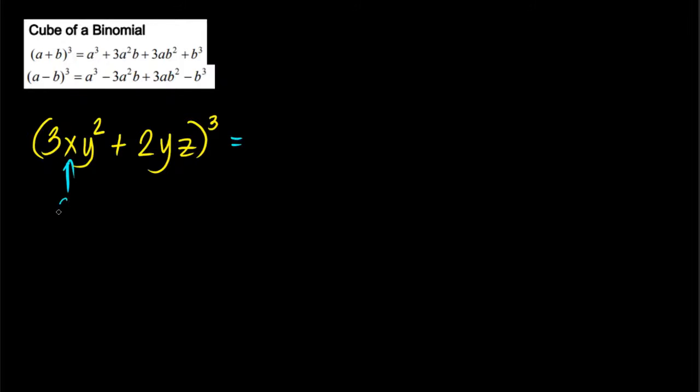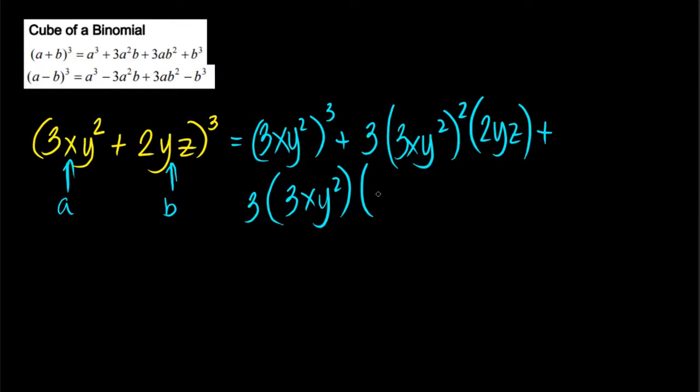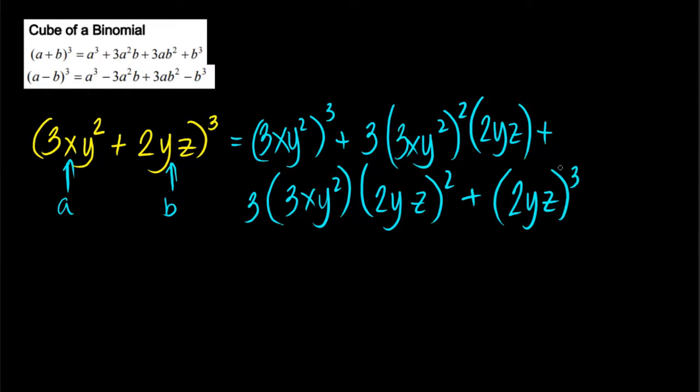Remember, this is A and this is B. According to our special products, we start with A cube, that's 3xy squared cubed, plus 3 times A squared, 3xy squared squared, times B, which is 2yz, plus 3 times A, which is 3xy squared, times B squared, 2yz squared. Finally, B cube, 2yz cubed. Okay, let's check.